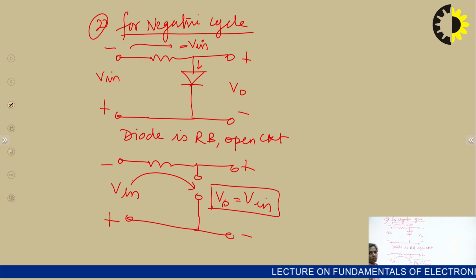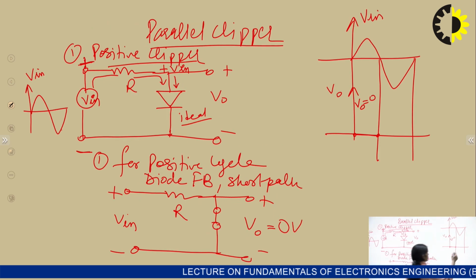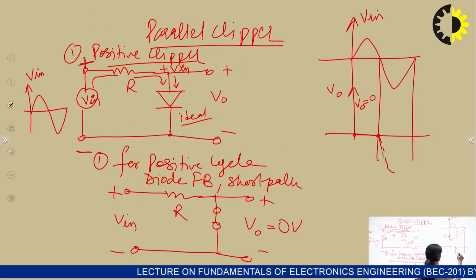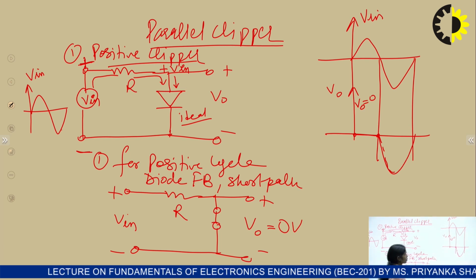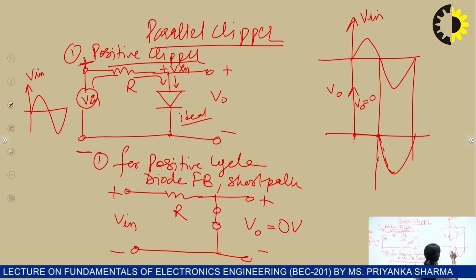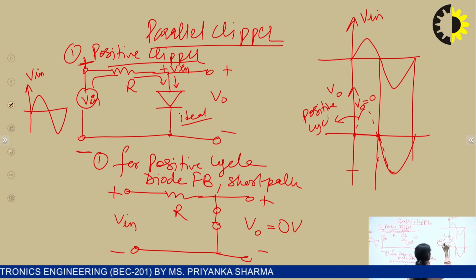If we plot this output, Vout is coming here same as the input. Since the input is the negative cycle, the output is also the negative cycle here. So we can say here the positive cycle is clipped off.